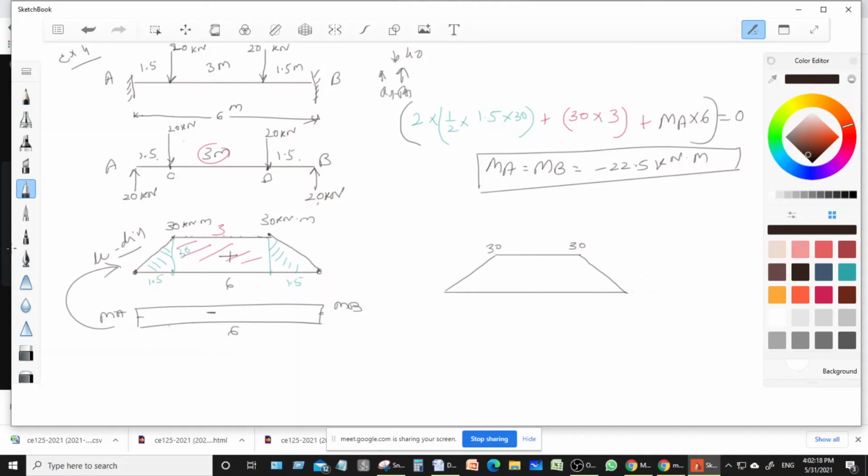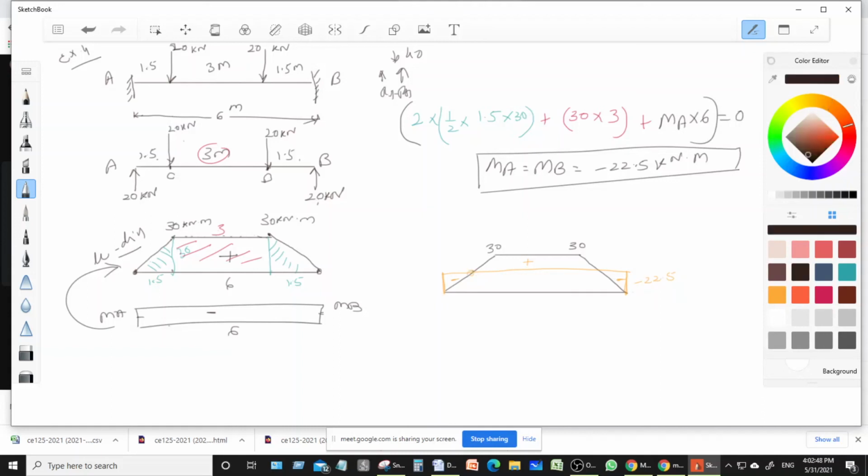Then we just place this Mu dash diagram, matching the base, both the base. So MA and here it is MB. This is negative, and this one is the positive. So what is the value? That is -22.5, right?